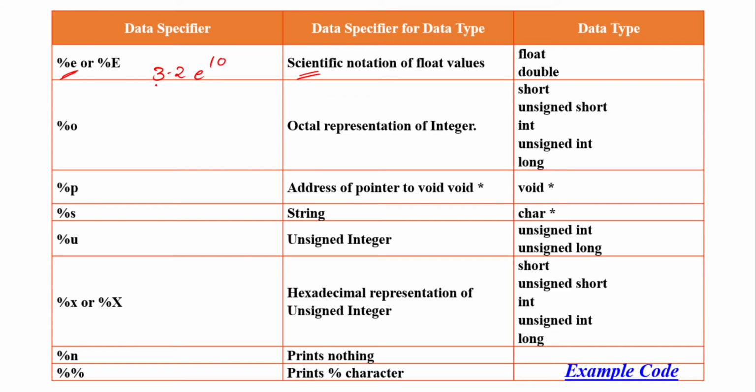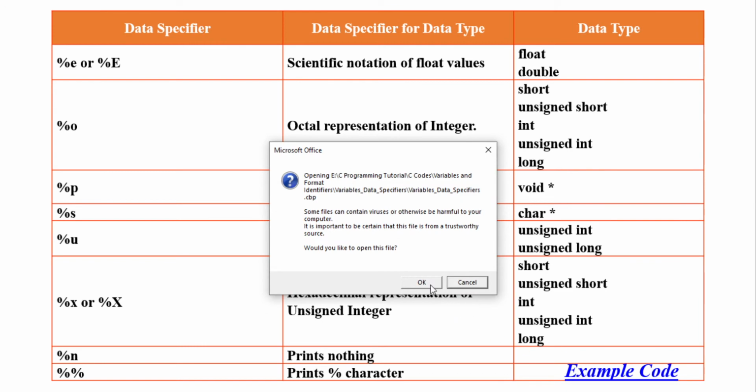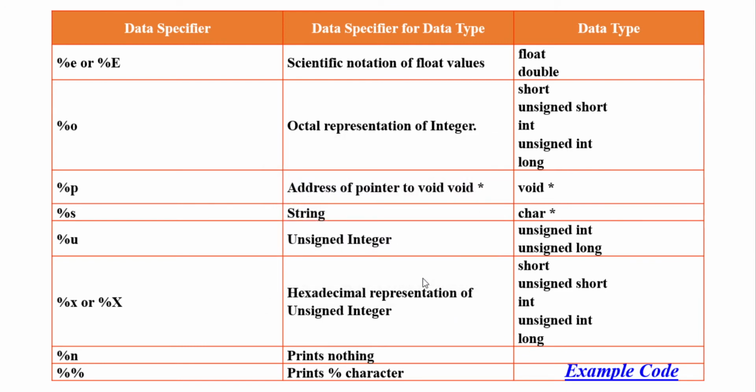To represent numbers in this scientific or exponential notation, we can use %e. Similarly, %o for octal representation, and so on. Let us first see a simple program, and then we will be able to understand the basics and the concepts in more depth.